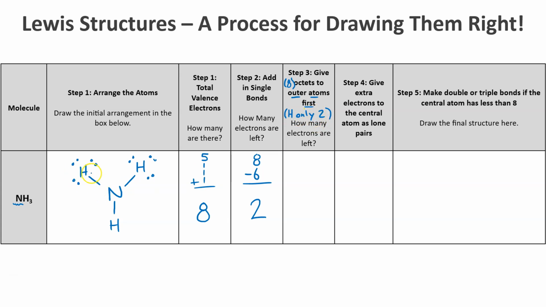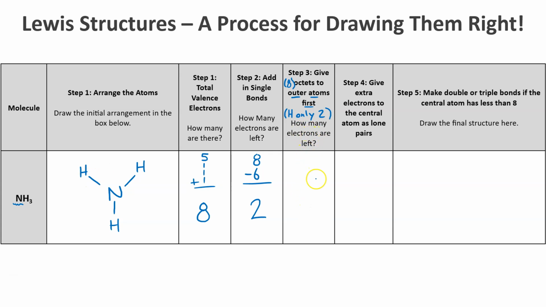If I look back at these hydrogen atoms, they already have 2 electrons, even with just the single bond that I gave them first. So when hydrogen is your outer atom, you actually don't need to do what I just showed you. So I'm going to go back and erase all those, because these hydrogens are chemically stable as is. You don't really have to give them any extra electrons.